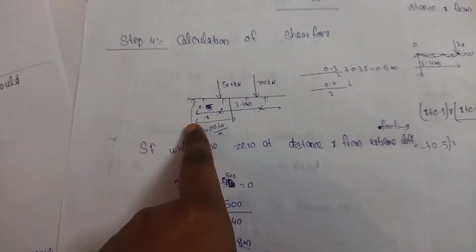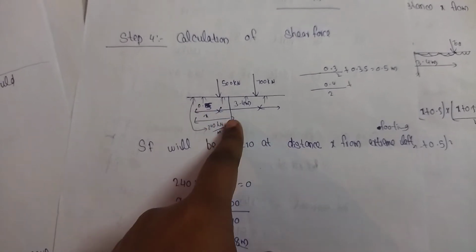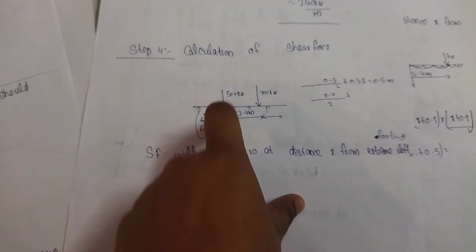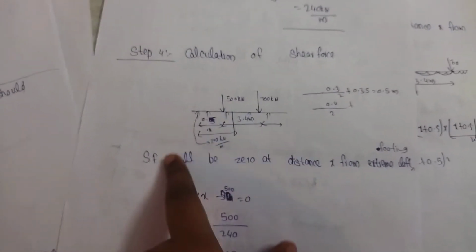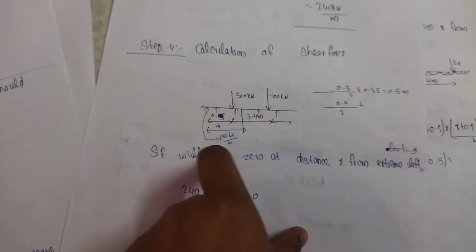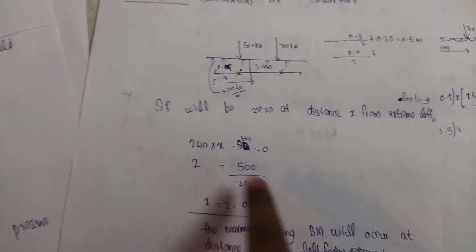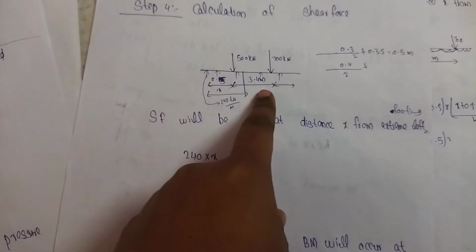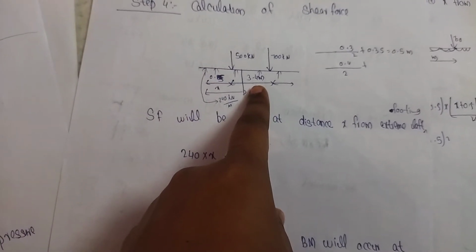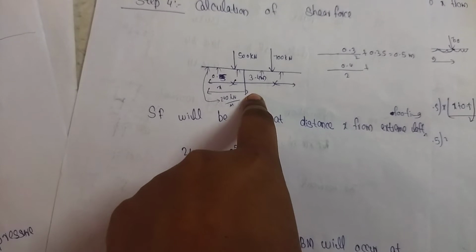So we want to calculate the shear force will be 0 at x from extreme end. So 240 into this x distance and the 500. These two values are the shear force within the x distance. So from that equation we want to calculate x. 240 into x gives the shear force from this extreme to this x distance.